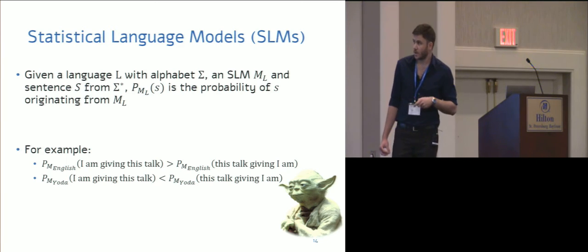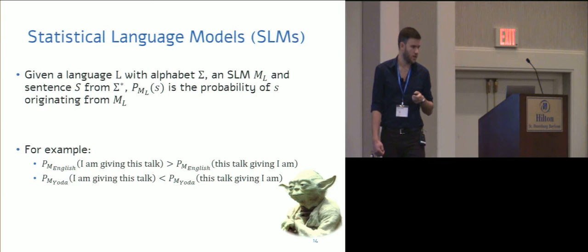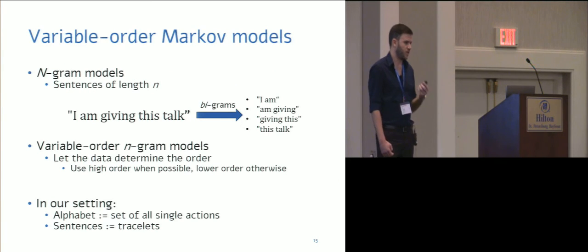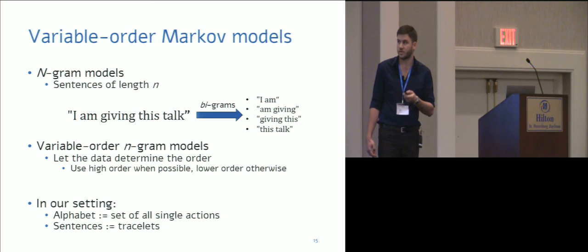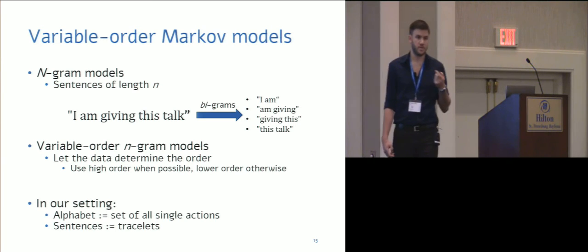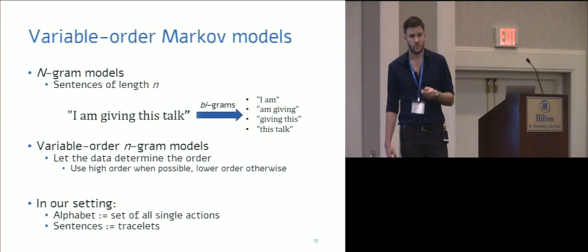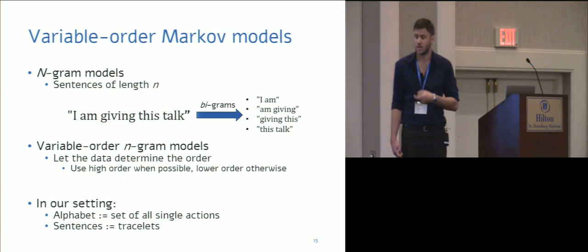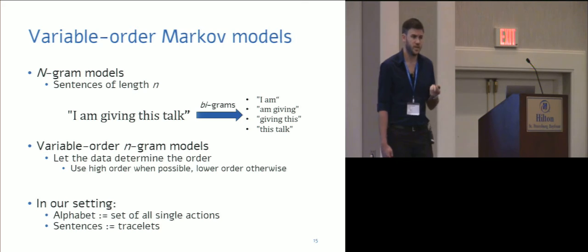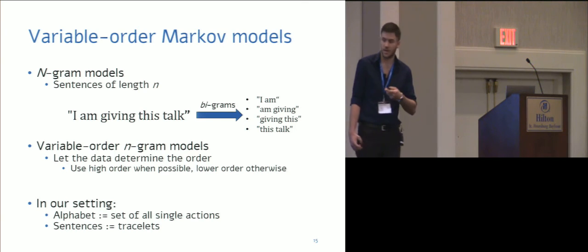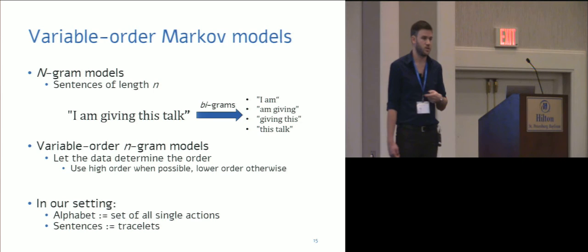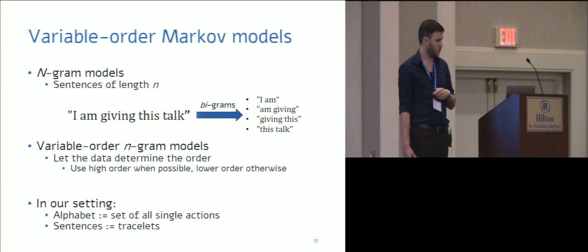Okay? Now, there are still many kinds of statistical language models, so let's narrow it down a bit more. And we're looking at models that are also variable order Markov models, specifically n-gram models, which means that the sentences are of length n. So if I'm taking the same sentence from the previous slide, "I am giving this talk," and splitting it into n-grams of 2 words, I would get the 4 shorter sentences on the right side of the arrow.